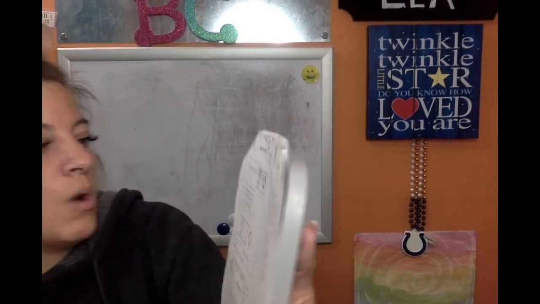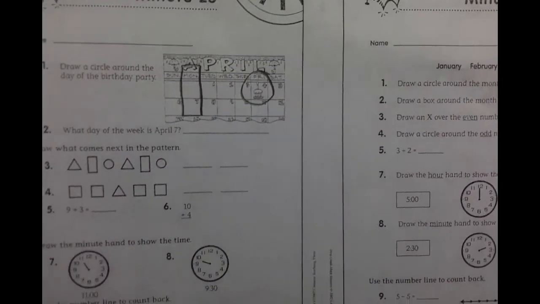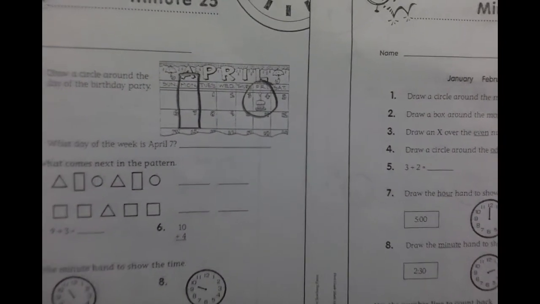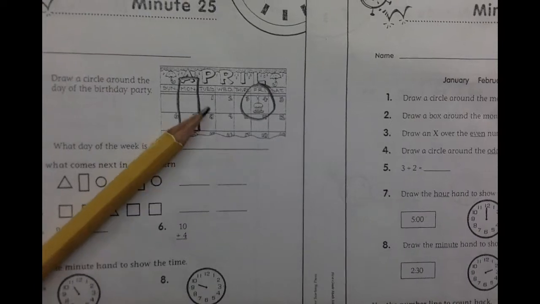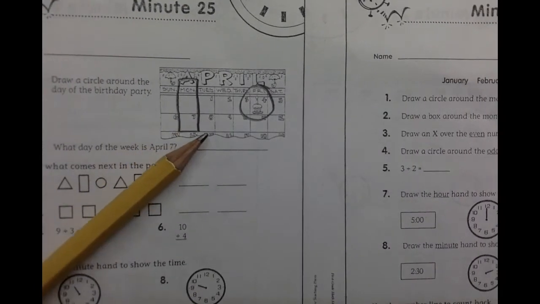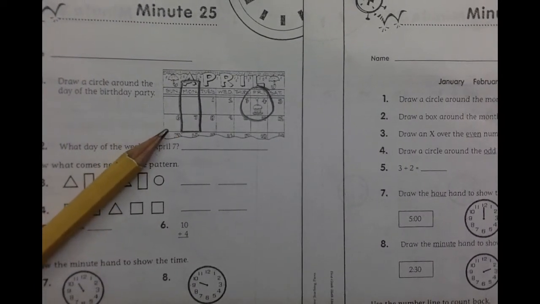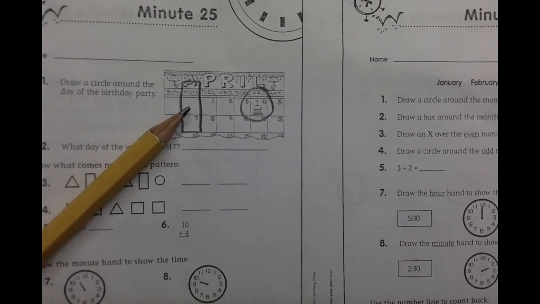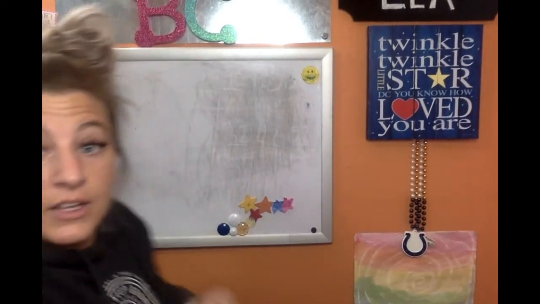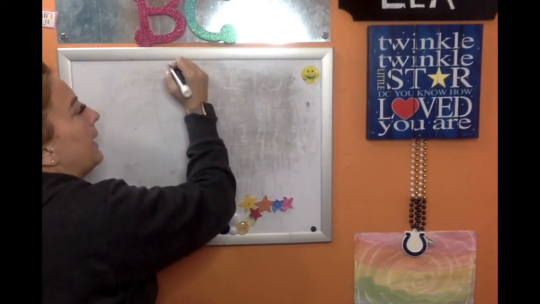But it wants to know what day of the week is day number 7. So here's day number 7 right here. What day of the week is it? Sunday. There's Sunday and there's Monday. Very good. I'm going to write it up on the board so that you guys can write it. Monday.